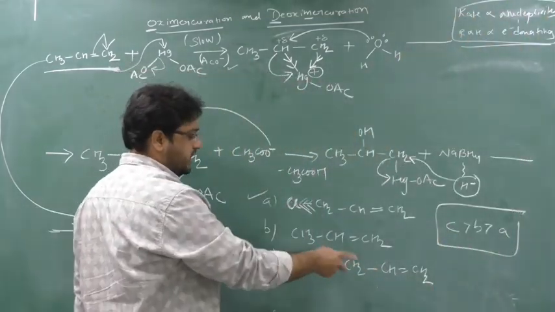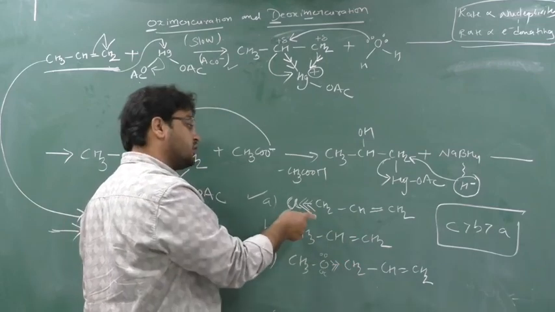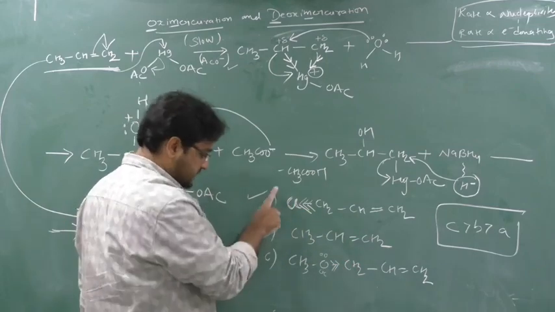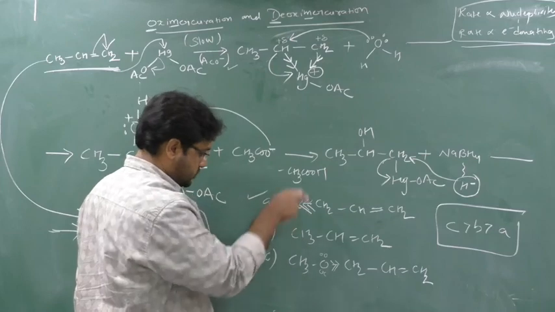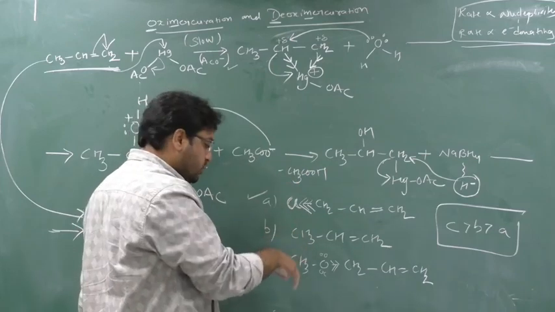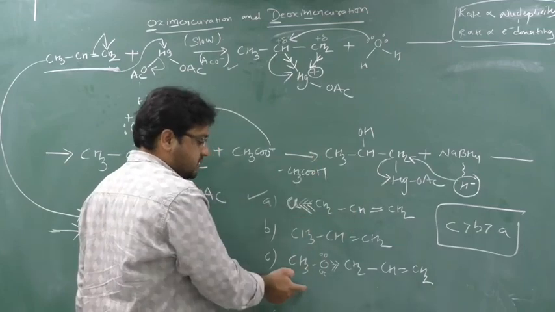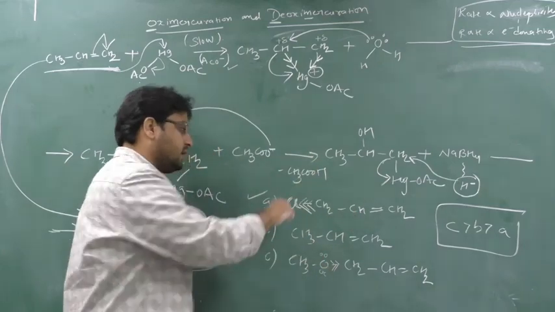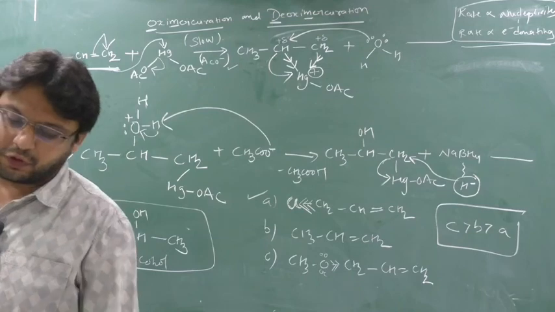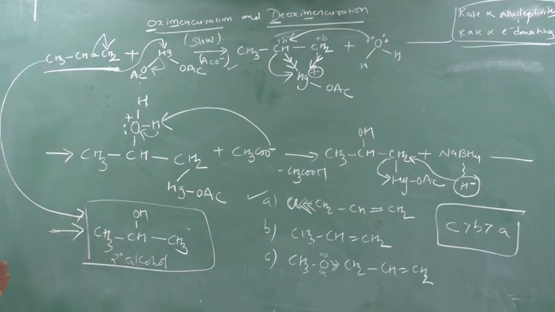Here electron donating, so rate will increase. This is electron withdrawing, so rate will decrease compared to this, and this is in the center. So who is showing more nucleophilicity, the higher rate? This C. So C will come first, then B, then A. Clear this part? In this way you understand the questions and you have to do the mechanism of OMDM.